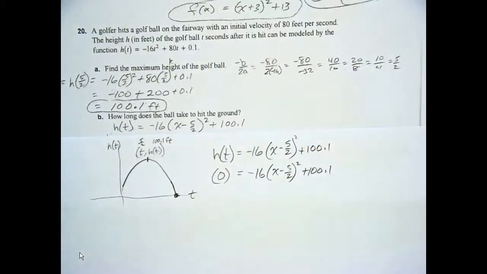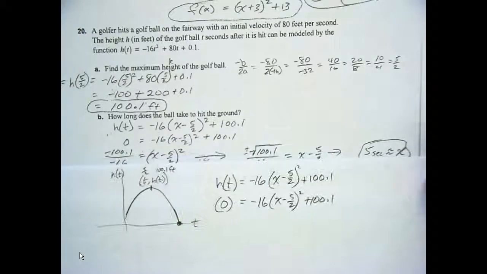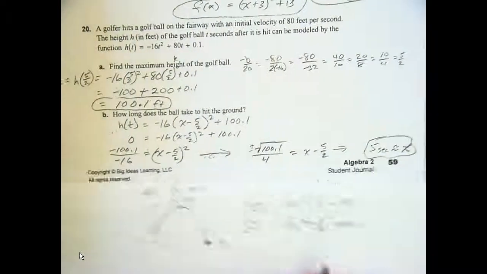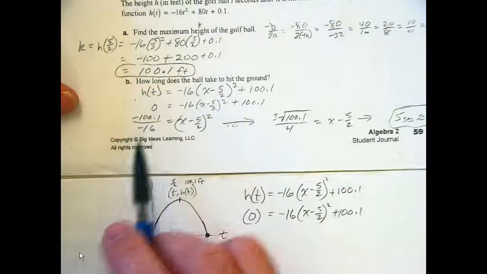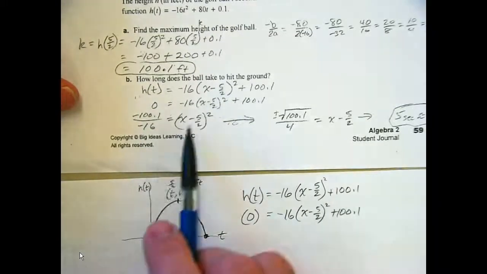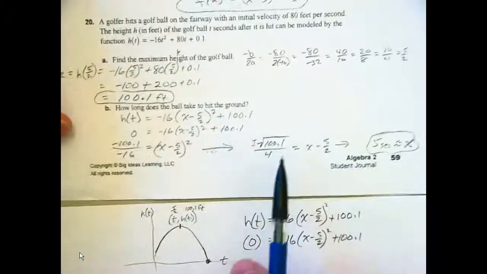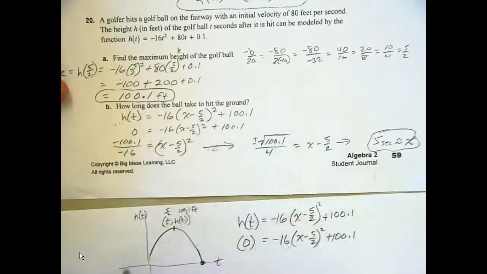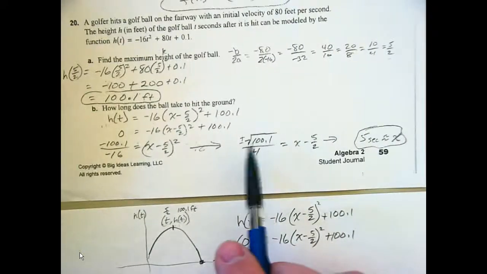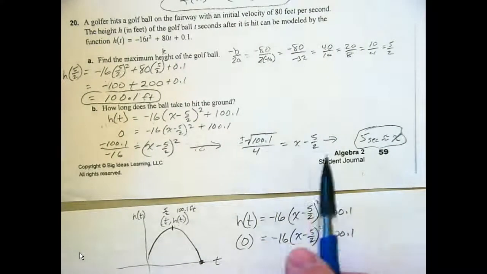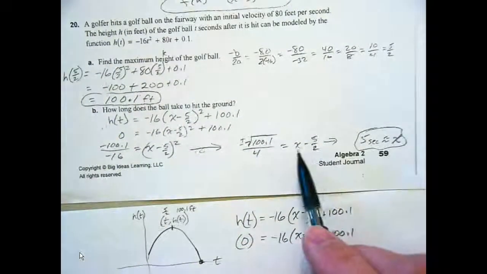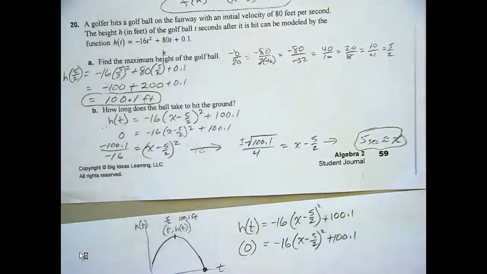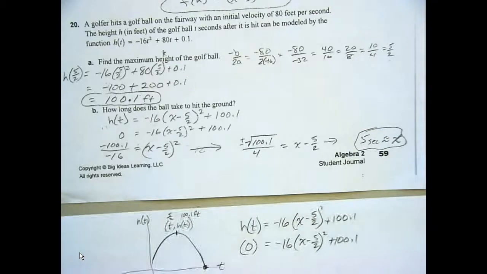And then from there, I can go ahead and solve. I'm not going to go through all the work there. I subtract 100.1 from both sides, divide by negative 16. Take the square root. It gives me plus minus. And then when I actually find the square root of that, divide by 4, I get x minus 5 halves, which is approximately 5 seconds.